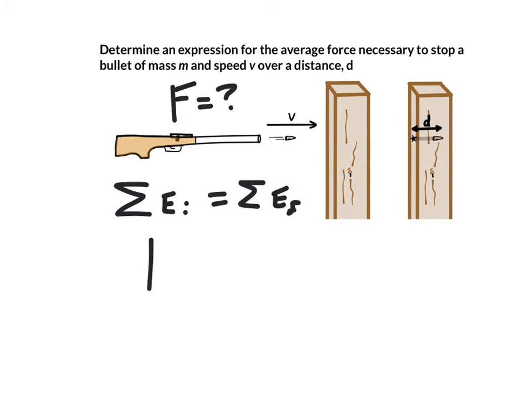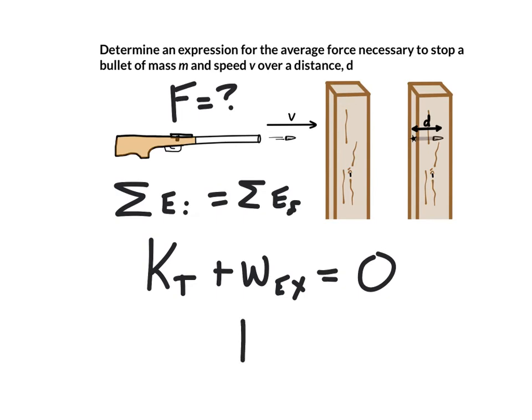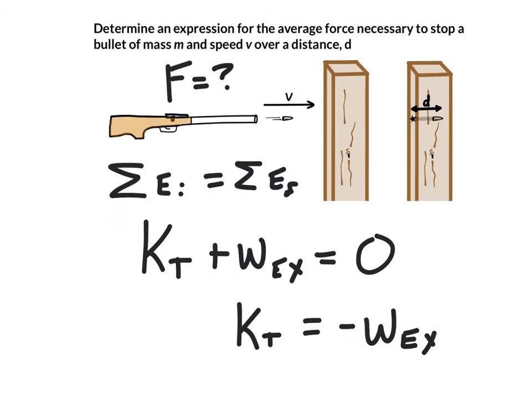Now before the collision we had some kinetic energy, and then there was some work done on the system. Afterwards we have a bullet that's not moving, so we don't have any energy at the end. So our translational kinetic energy must be equal to the opposite of the work done on the bullet.